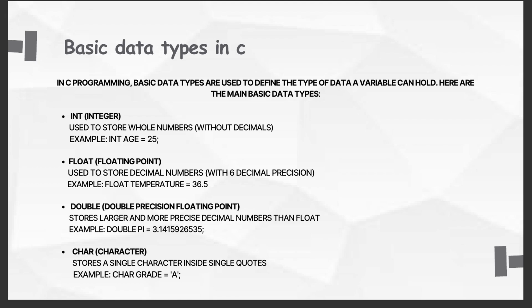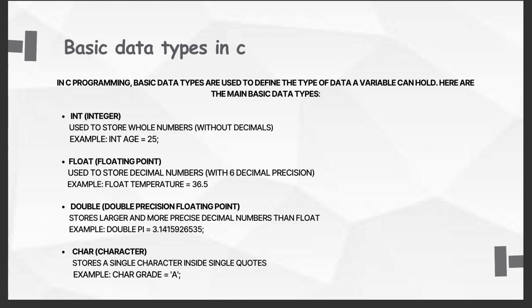Now let's look at the basic data types in C, which are fundamental to any C program. In embedded systems, selecting the right data type is extremely important, especially because memory and processing power are limited. Here are the main types.